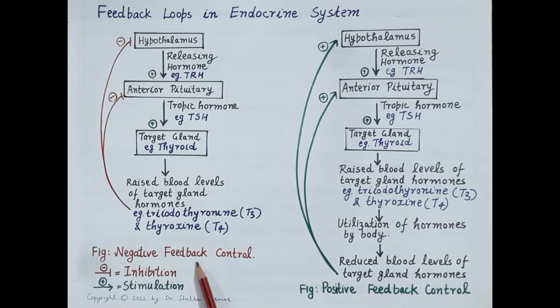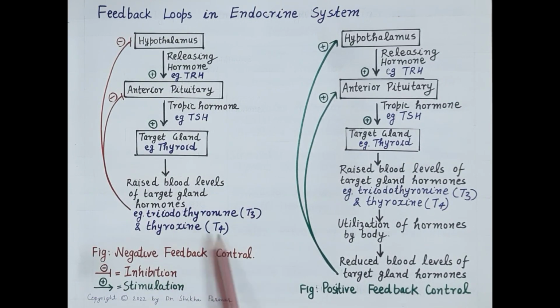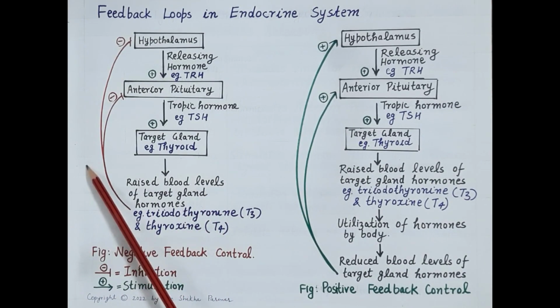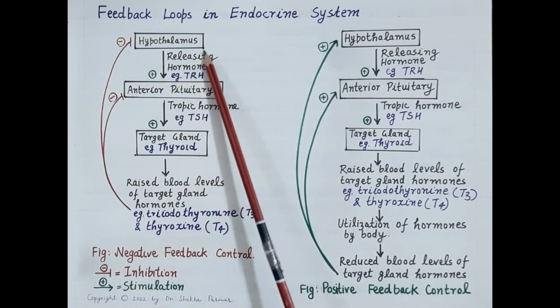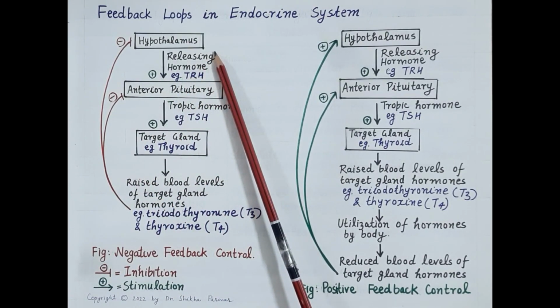Consider the example of hormones triiodothyronine, that is T3, and thyroxine, that is T4. Now, if the levels of these hormones in the blood become more than normal, negative feedback signal is sent to the hypothalamus.